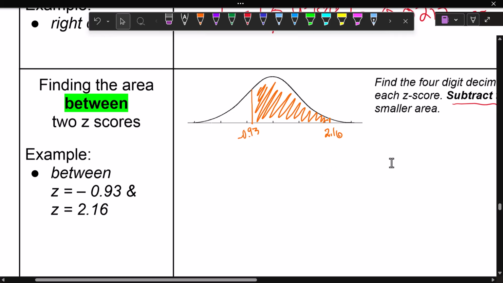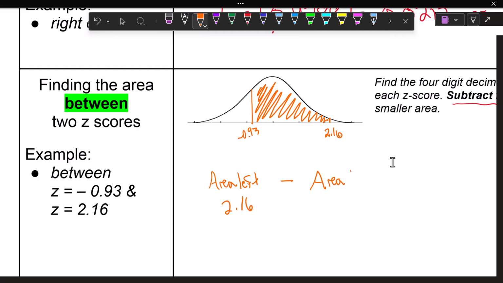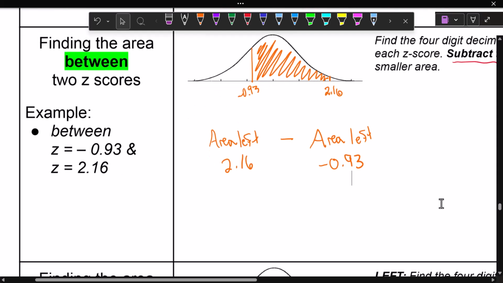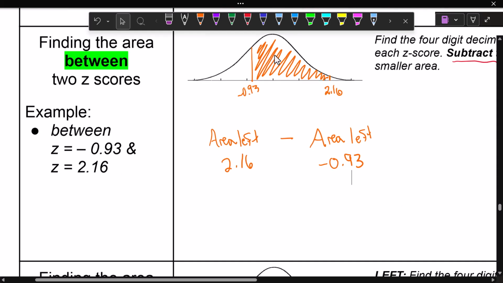So what we do is we find the area to the left of 2.16, and we subtract the area to the left of the negative 0.93 z-score. And the difference will be what's shaded in between the two.